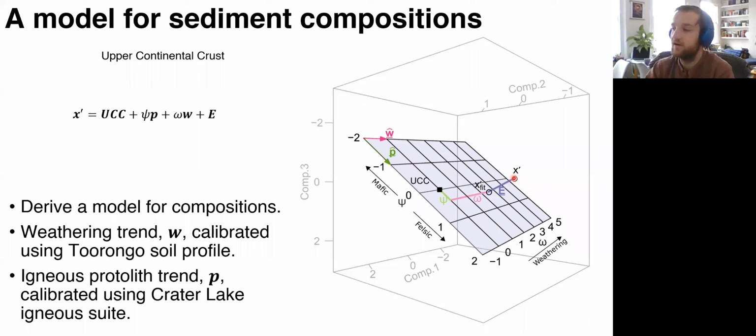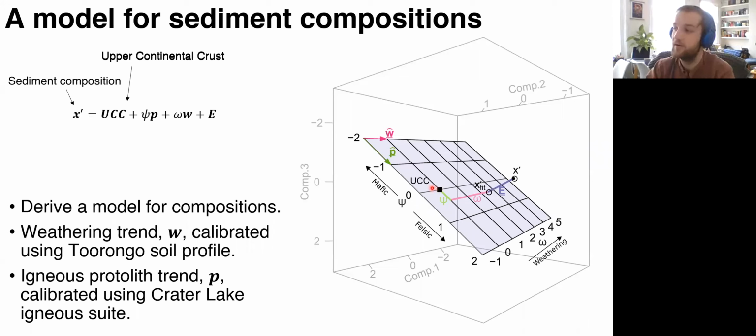And we want to describe how that composition is different relative to the upper continental crust. So here we have our sediment composition X prime. Now, as I said, we're going to use the upper continental crust as just a reference point. So this is just the average geochemical composition of the upper continental crust in this space.